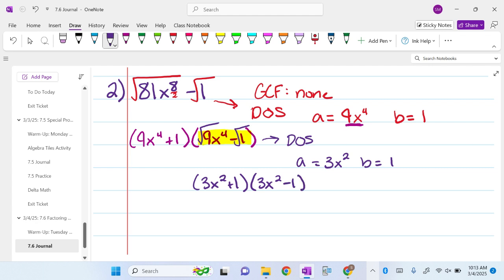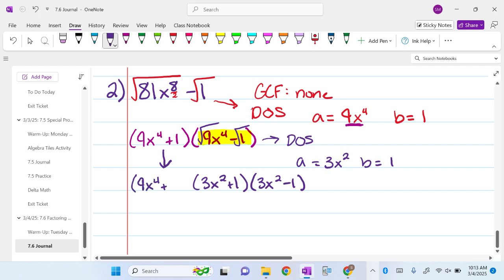Now, that is not my answer quite yet. What am I missing? I'm not missing a negative. What am I missing? The one in front of both of those factors. The first factor from the top. It's not fully factored unless we rewrite that factor.